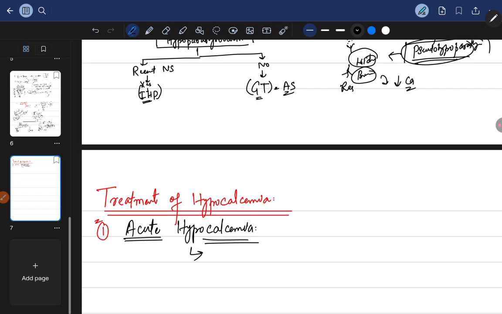In acute hypocalcemic cases, whatever case you will be getting, you will see there is a drastic decrease in calcium. So the first therapy will be 10% calcium gluconate.